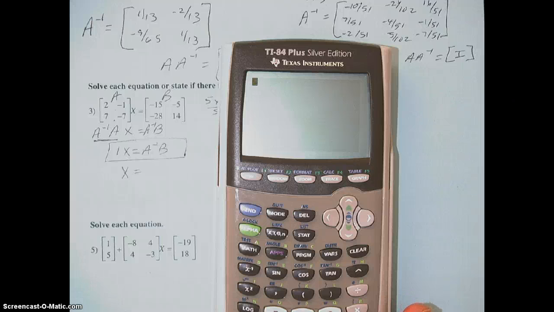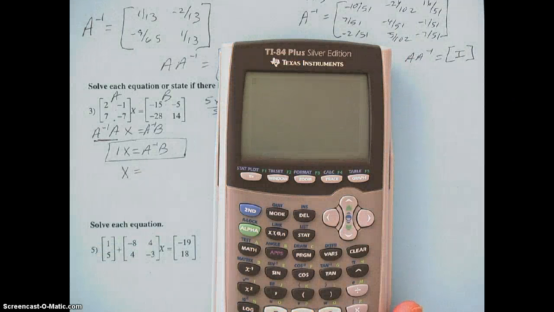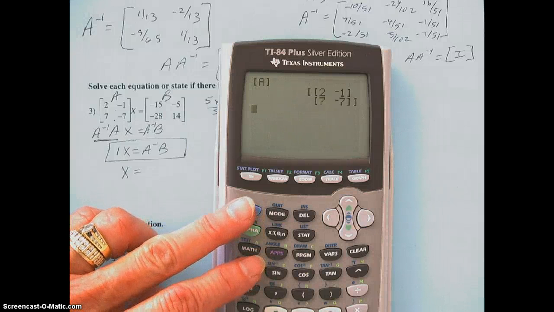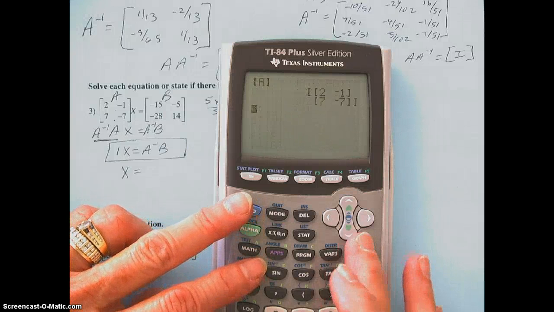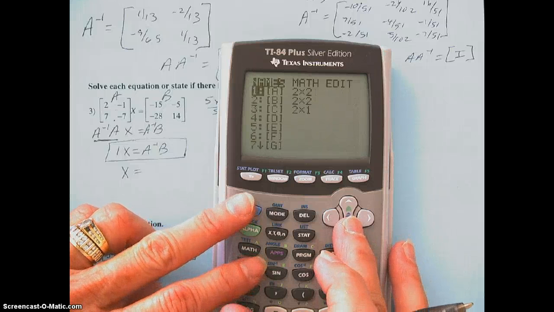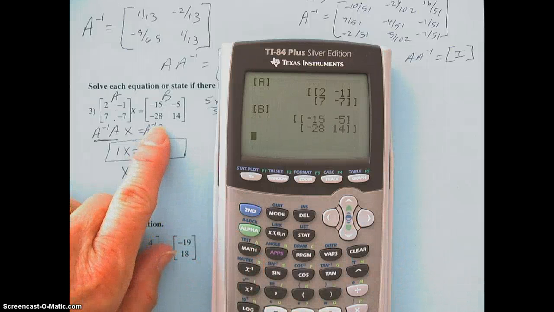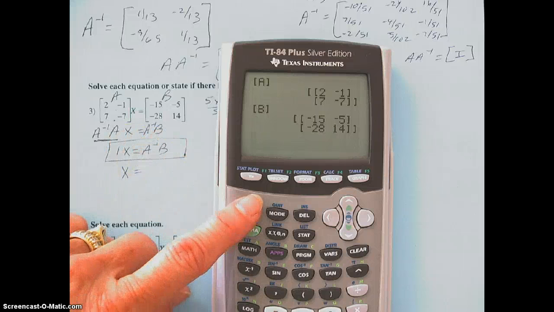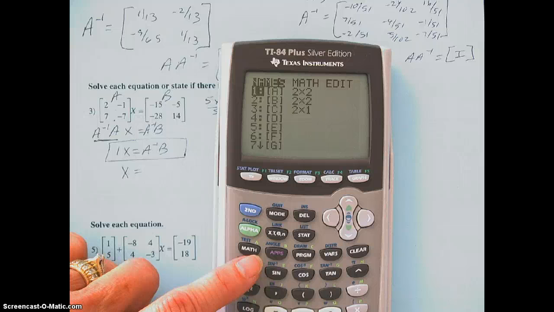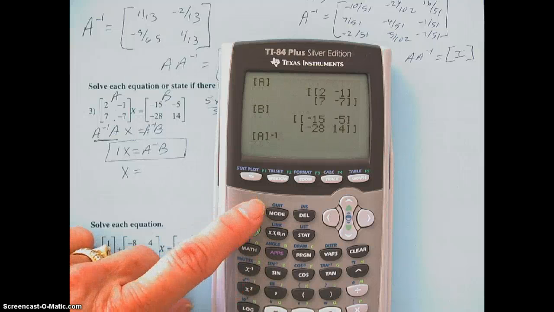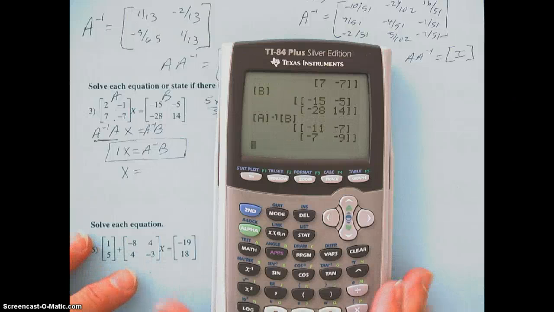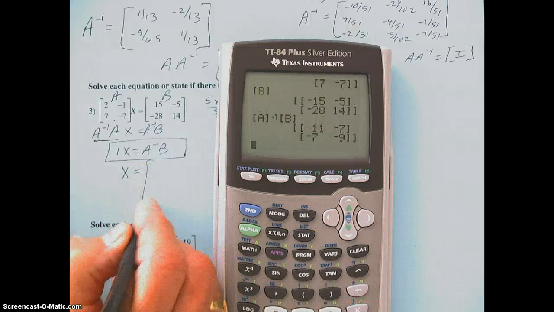So what you should have done is you should have put matrix A in A. I would like you to put matrix B as this matrix. And then in order to solve for X, all we need to do is say A inverse times B matrix, and that will give us the answer for our X matrix.